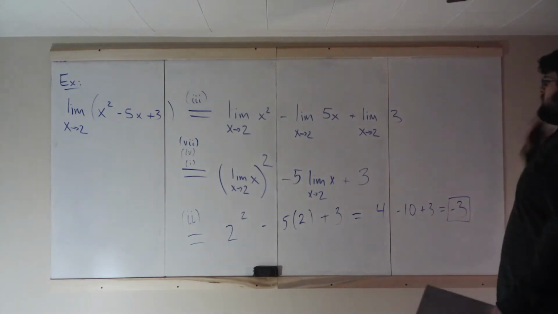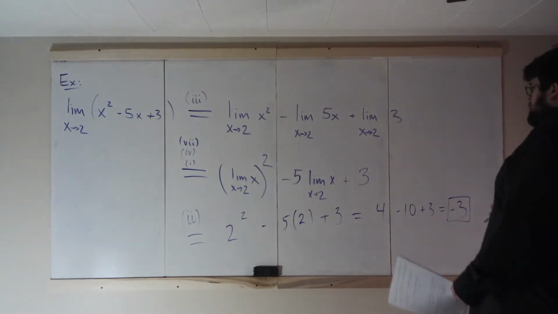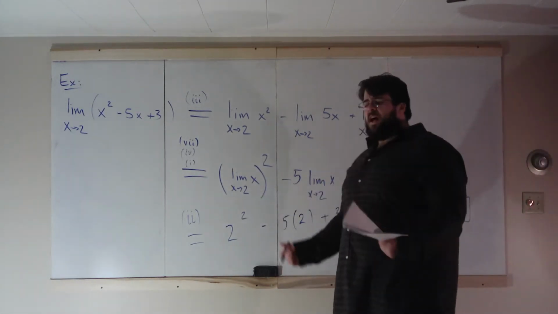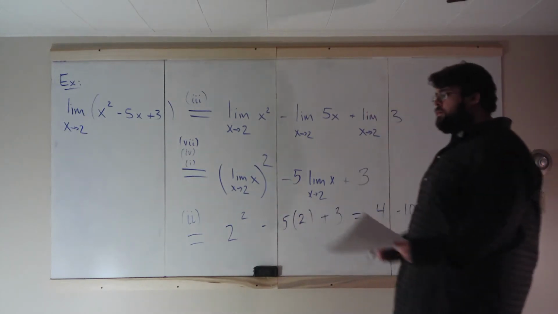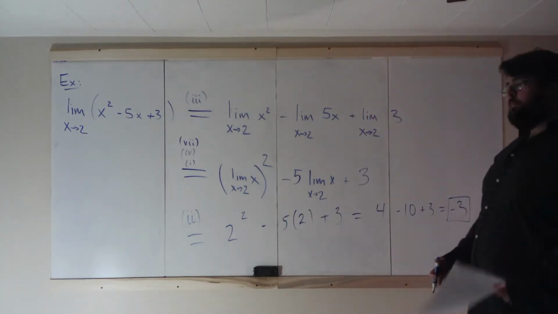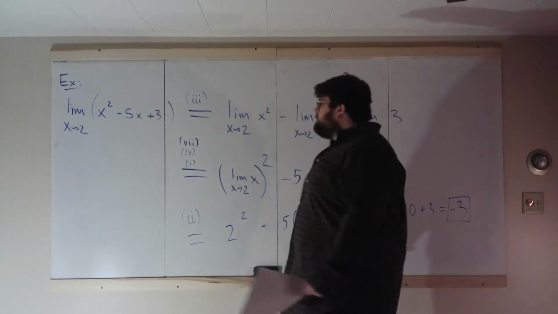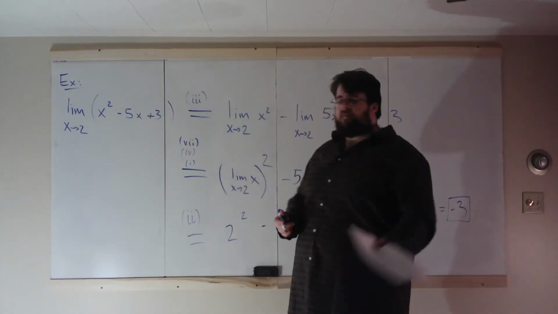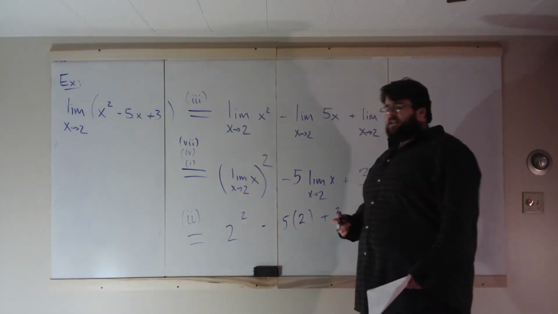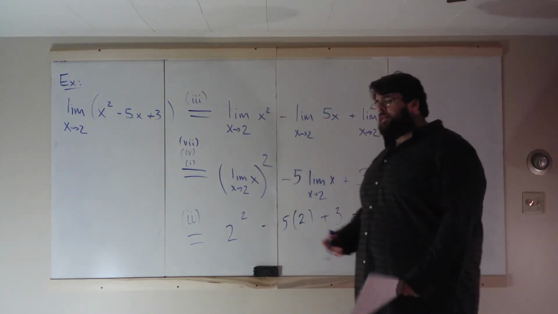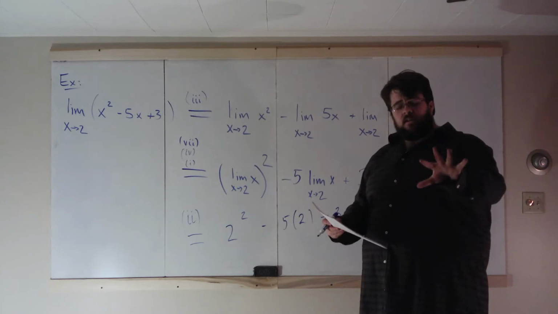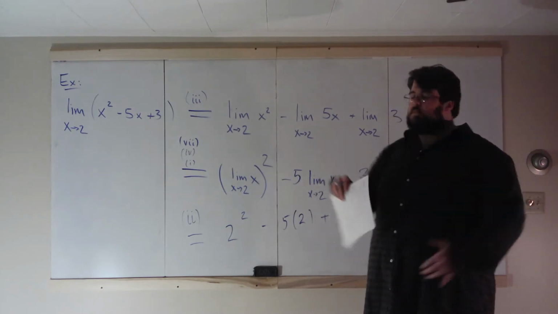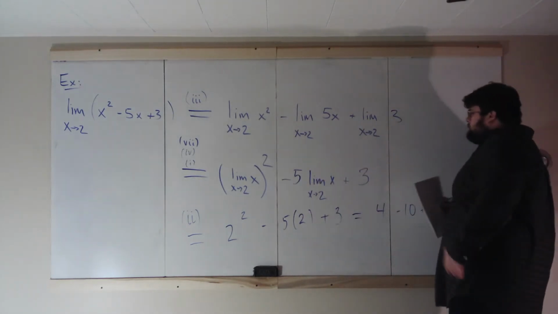So right here we used 5 of the rules. We did not use the quotient or the product rules, but their use is very similar. Like if you had limit as x approaches 2 of x times, I don't know, x squared plus 5x, that would be the limit as x approaches 2 of x times the limit as x approaches 2 of x squared plus 5x, and then you use the rest of the rules.